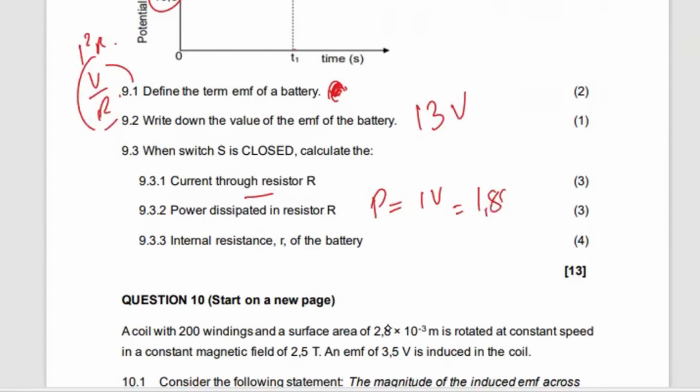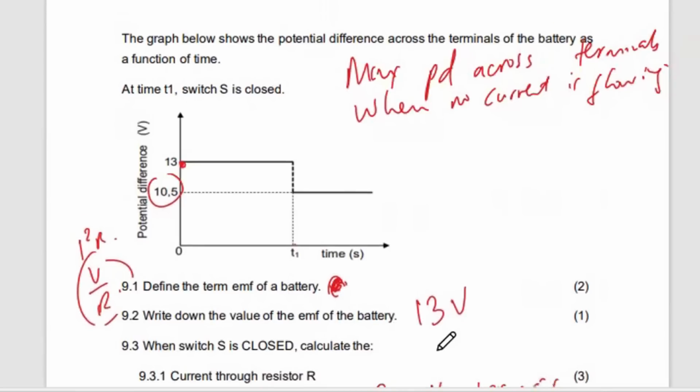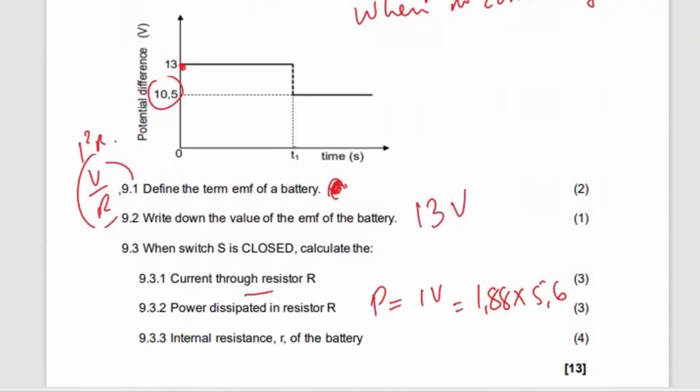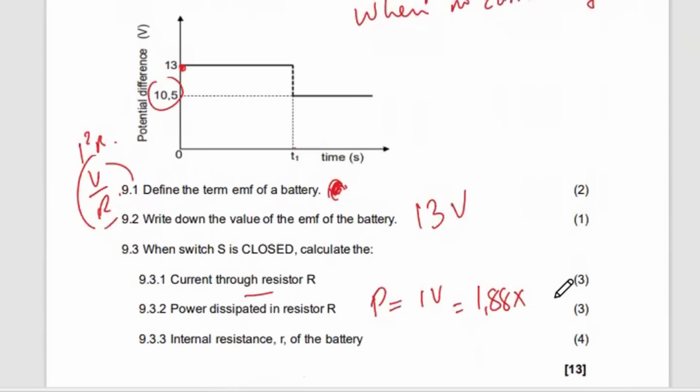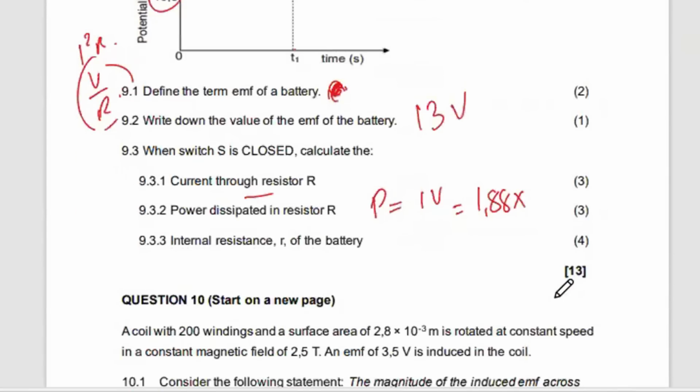So it's going to be 1,88 multiplied by 5,6. Nope, it's not 5,6, because 5,6 is the resistance. What's the voltage? It's 10,5. So I'm getting 19,74. Since it is power, it is in watts.